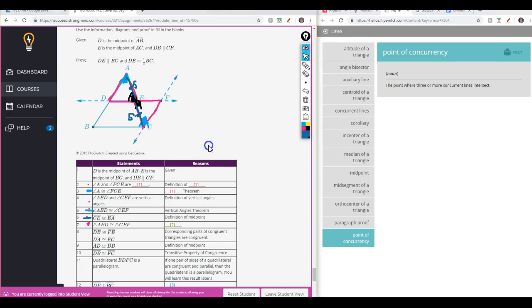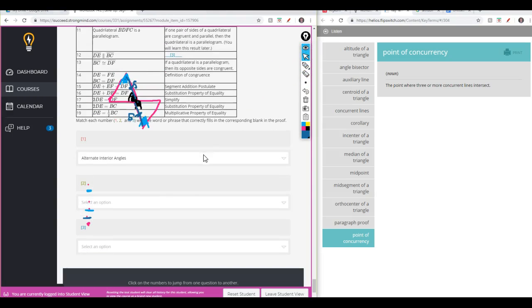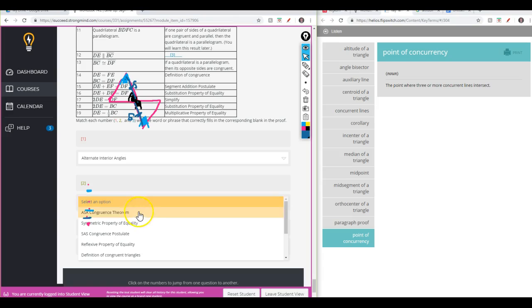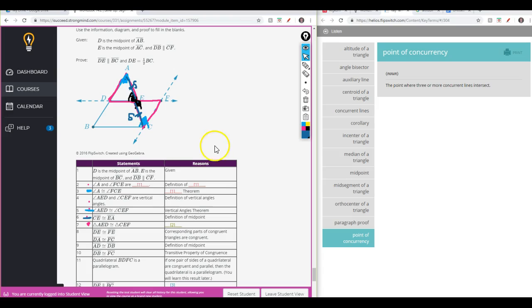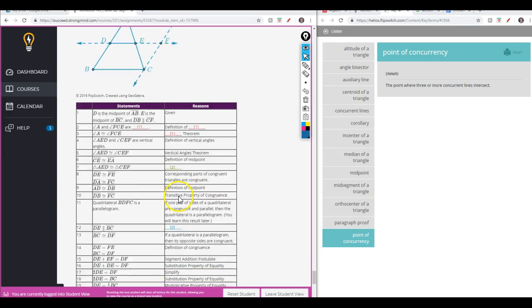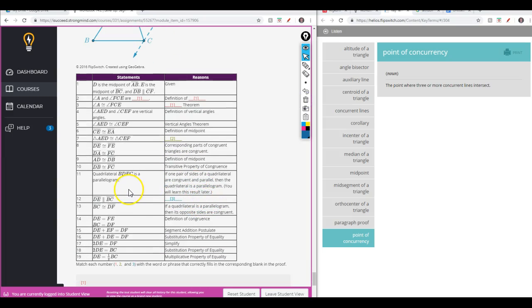So we have angle, side, angle to prove that those triangles are congruent. So the angle-side-angle congruence theorem is how we stepped through that. Again, we just reviewed the statements that were given and marked them so we could see what we had.